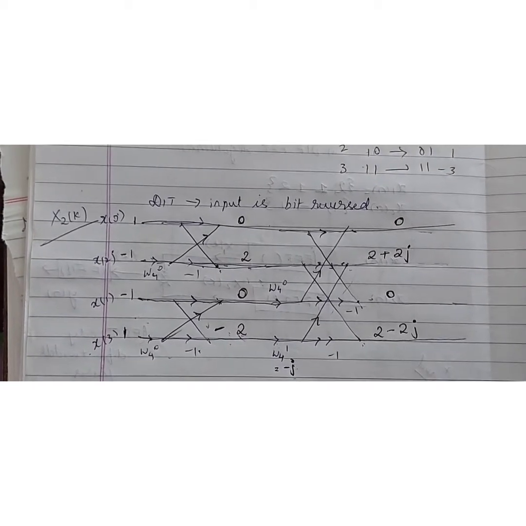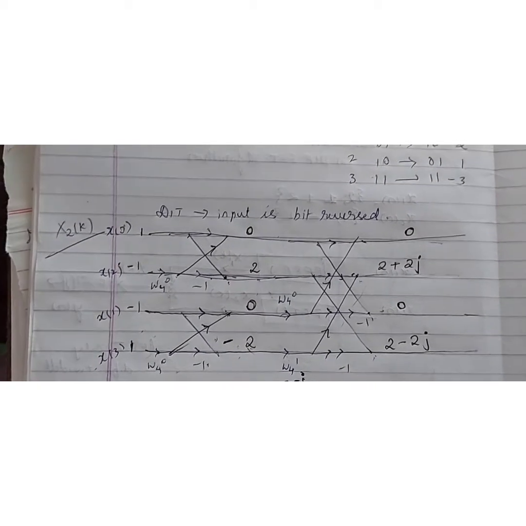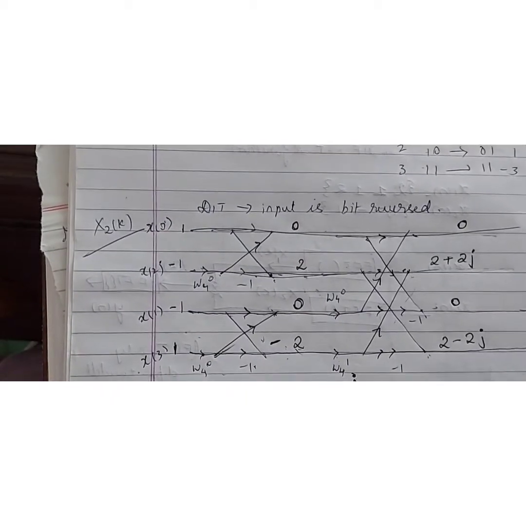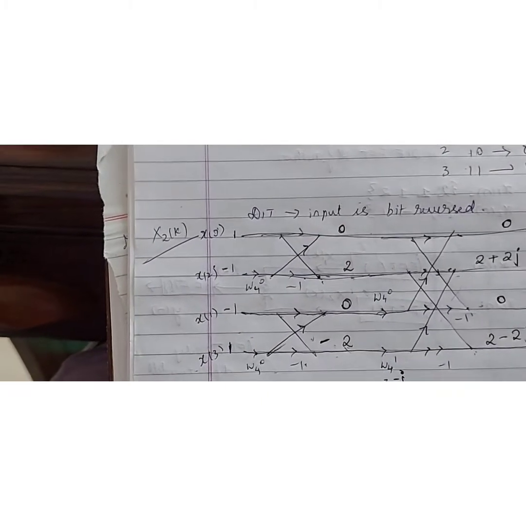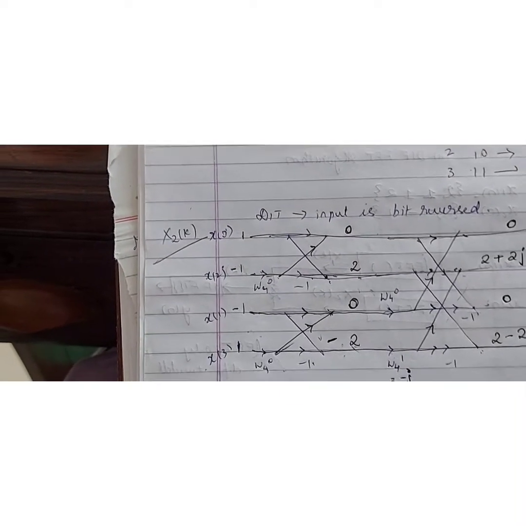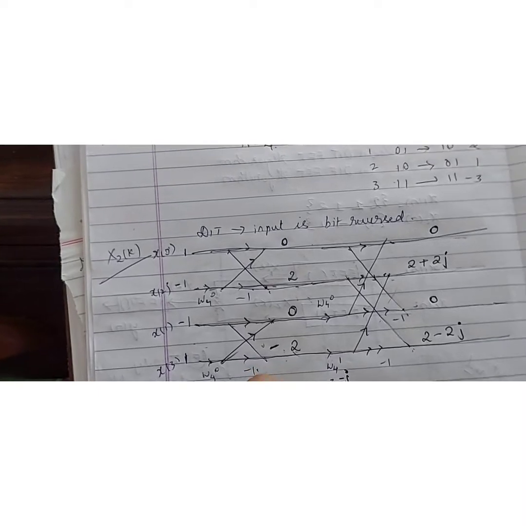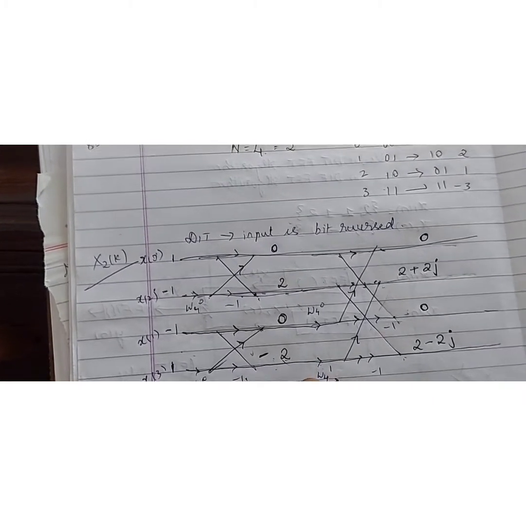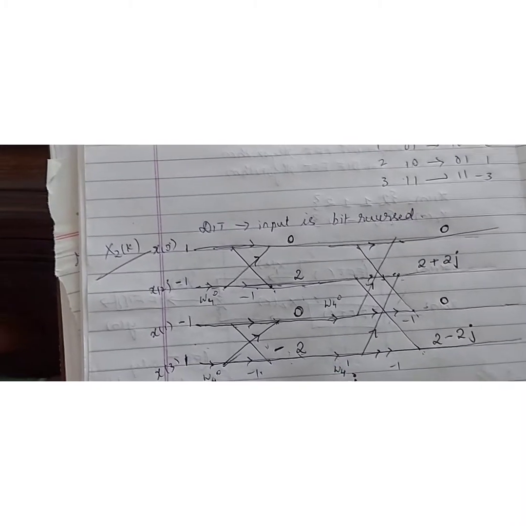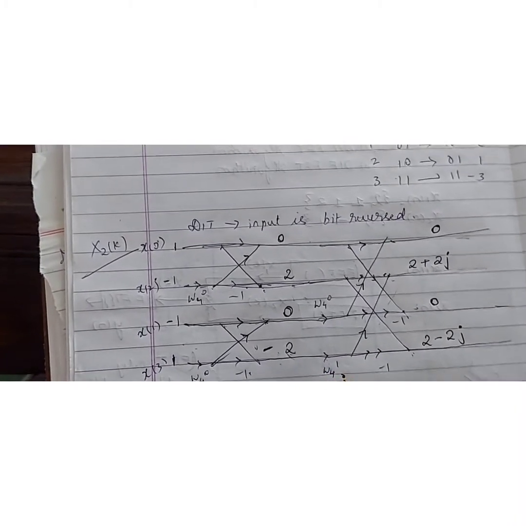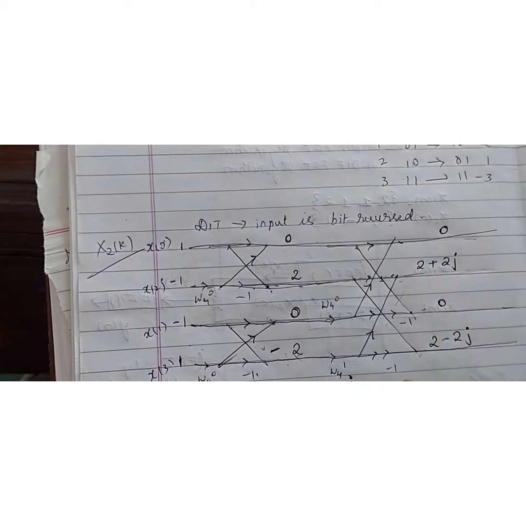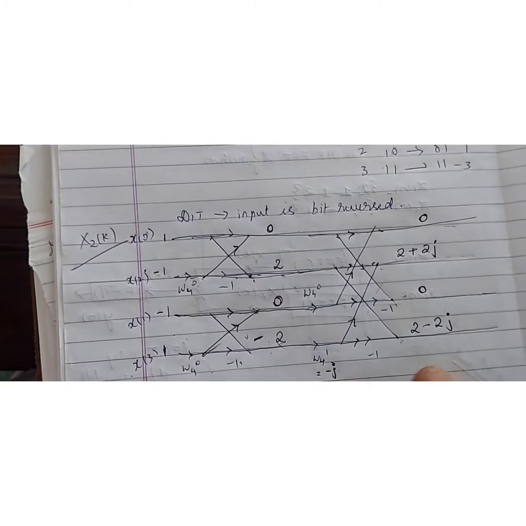So since the problem is asked for doing your convolution, we had x1 of k and x2 of k. We will multiply the values element by element. Okay. So let me rewrite x1 of k. What did we get in the x1 of k? x1 of k was 6, 1 plus j, comma 0, comma 1 minus j.